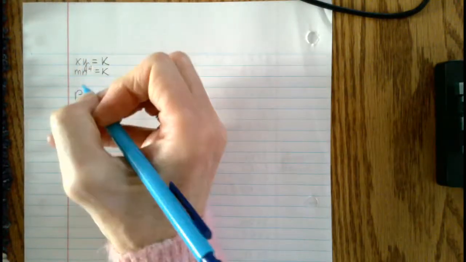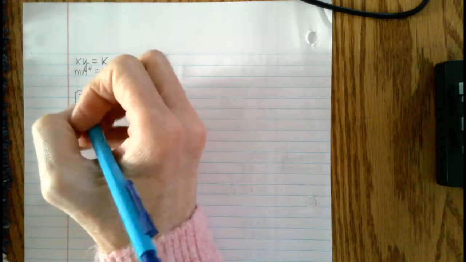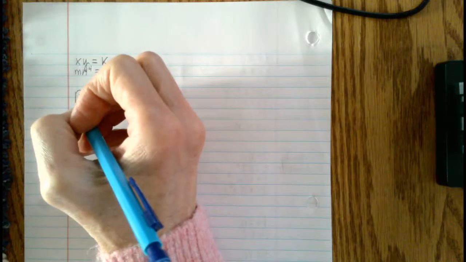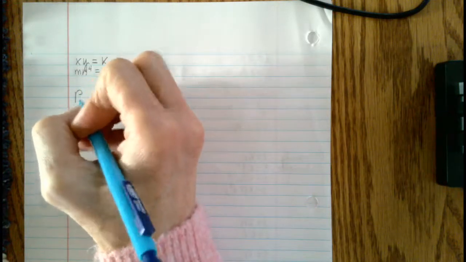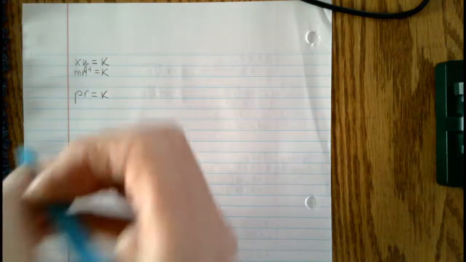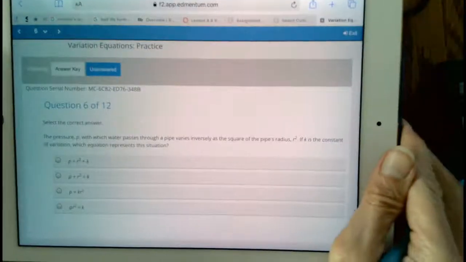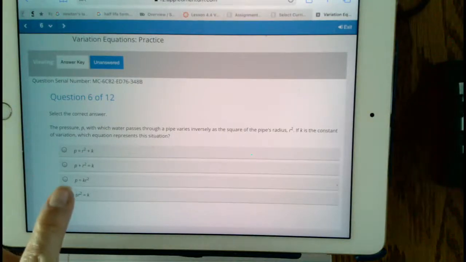But again, the pressure P with which the water passes through the pipe varies inversely as the square of the pipe's radius equals k. There we go. And then if we go back and look at this problem here, we can see our choice.